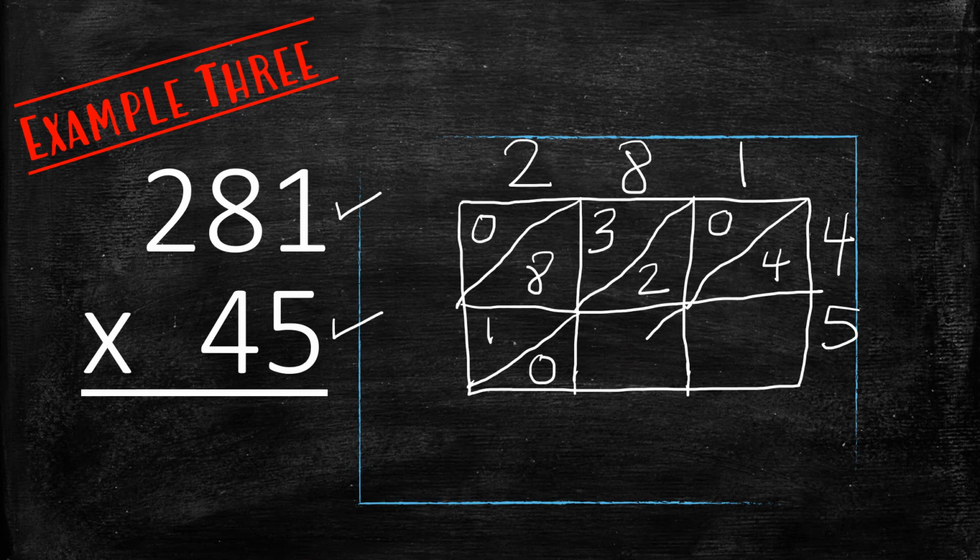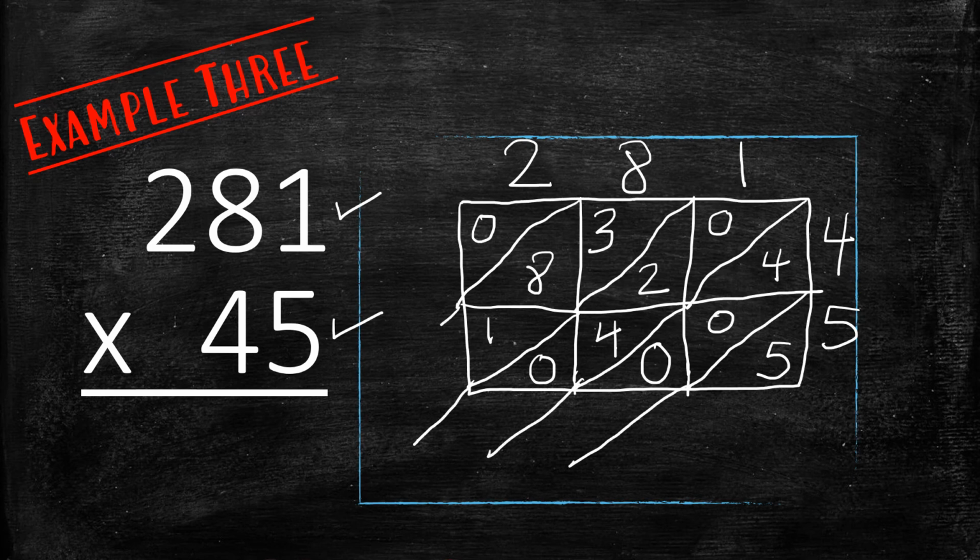So I'm going to draw my diagonal line, 4, 0. And then now we reach the last box, which is 1 times 5, which is 5. And I'm going to draw my diagonal line, and I'm going to write 0, 5. That represents 5.